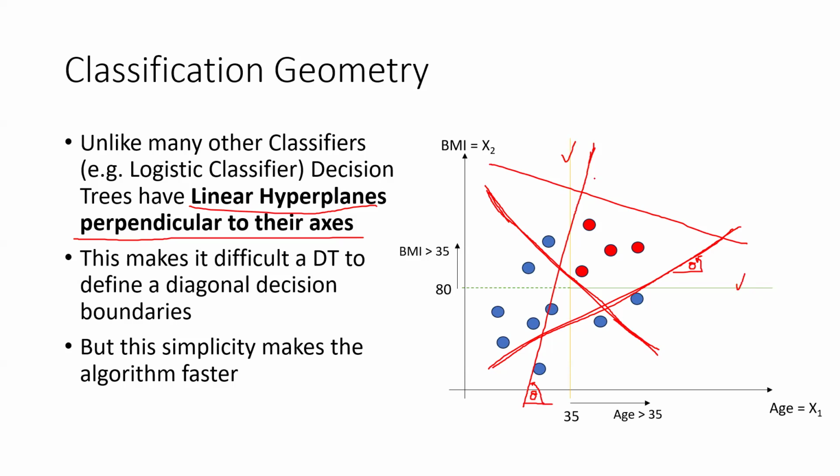So that is why we are not using these tilted decision boundaries these days for decision trees.